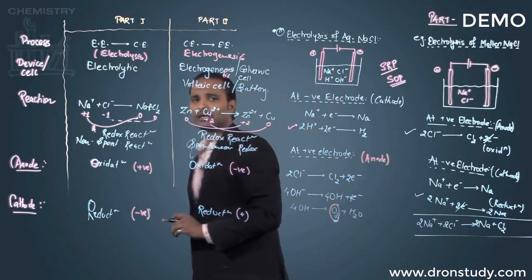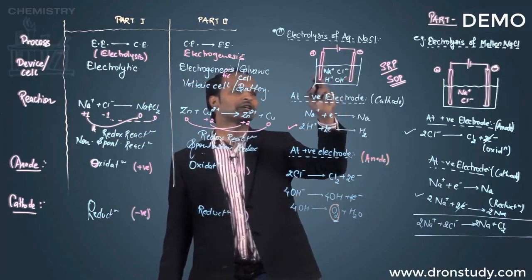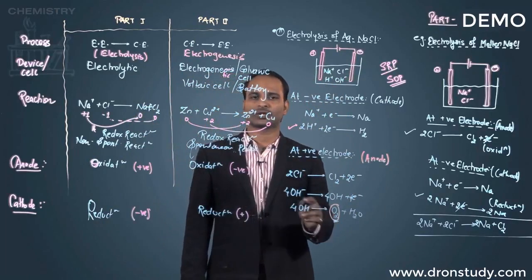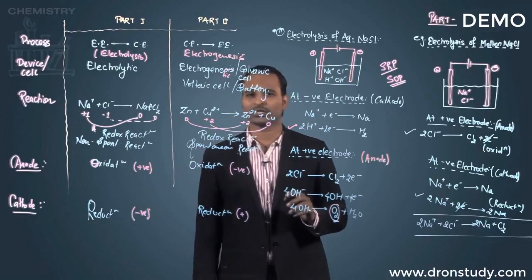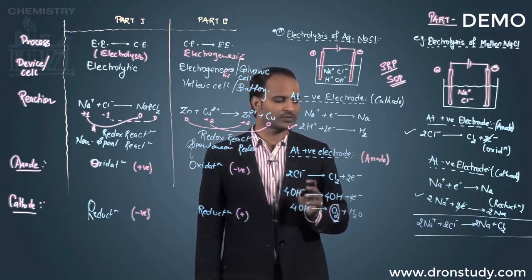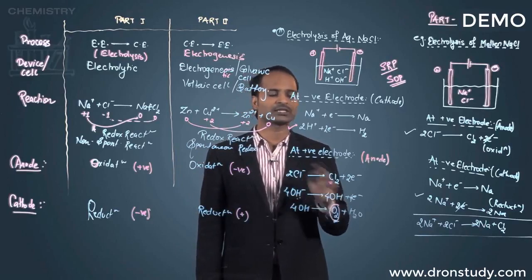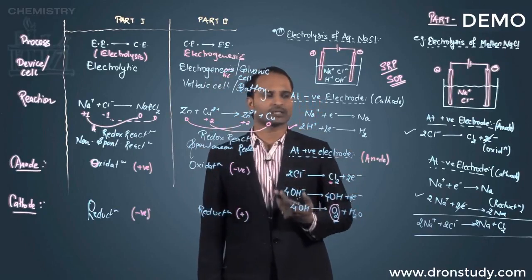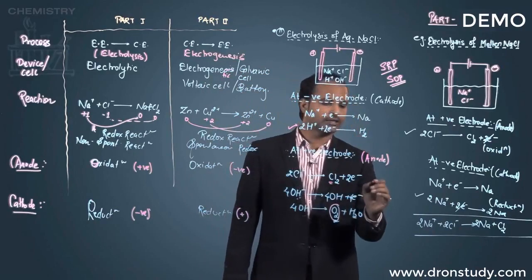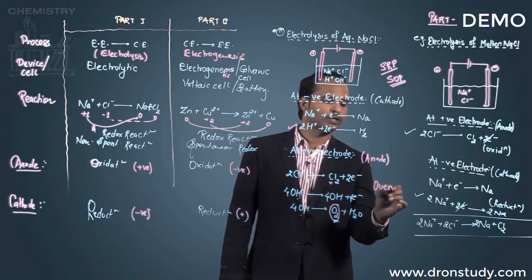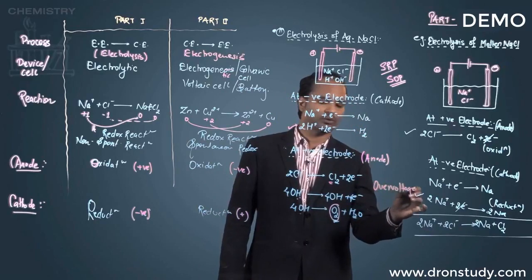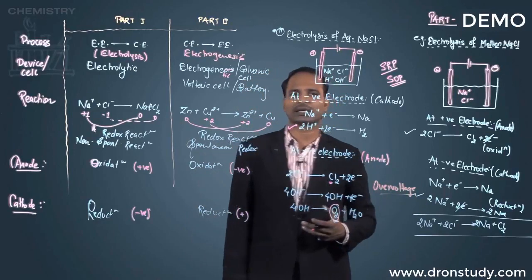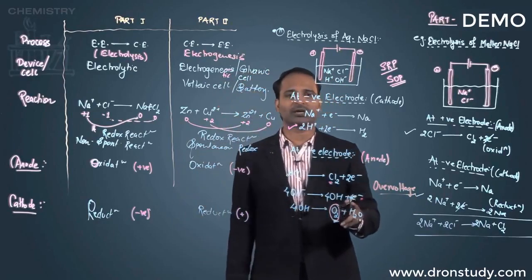But surprisingly, at the anode, instead of getting oxygen, we are getting chlorine. I said the SOP value of OH- is higher, so since SOP is more, the OH- ion should oxidize. But instead of the OH- ion, which substance is oxidizing? The answer is chlorine. The question arises why chlorine is getting oxidized. The answer behind it is a term called overvoltage. Overvoltage means the electron coming out from the OH- ion has very little kinetic energy, so to increase its speed it requires some extra energy.